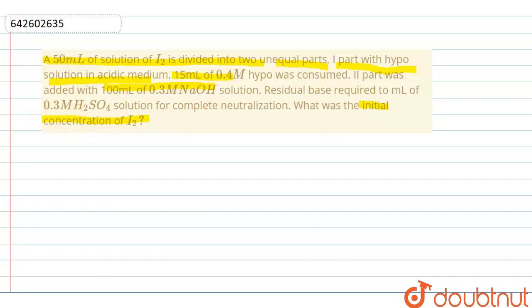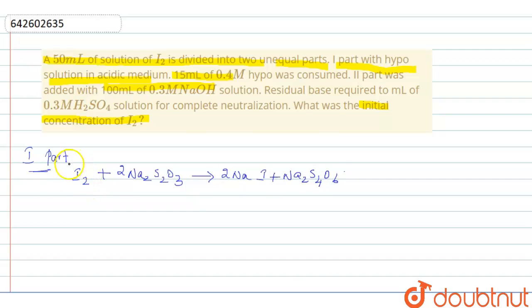So let me write the reaction first. Since iodine is divided into two unequal parts, let me write the first part equation. Iodine reacts with 2Na2S2O3, that is hypo, giving 2NaI plus Na2S4O6.